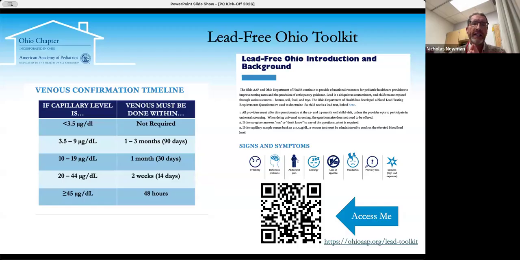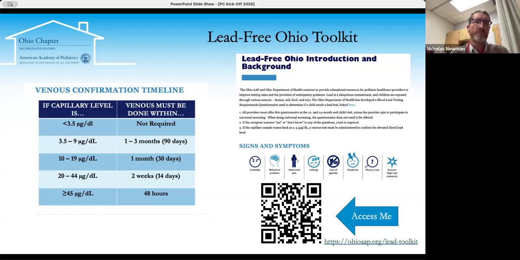The thing to think about with capillary testing is that this is not meant to be the gold standard. This is very similar to when you do an Accu-Check in the hospital for glucose. You have to go and confirm that with a higher reliability test.